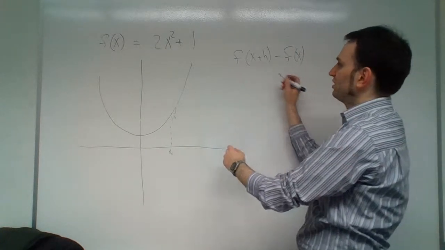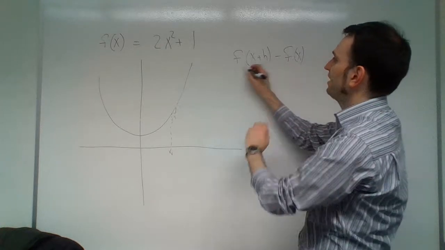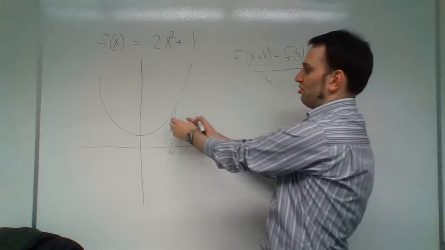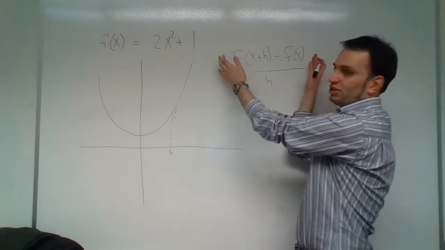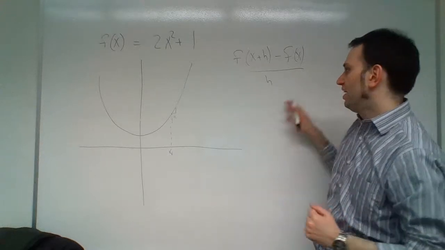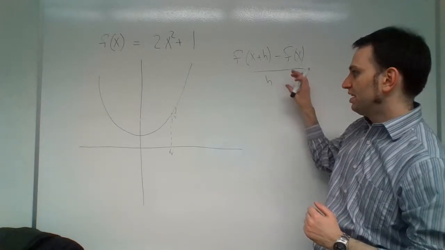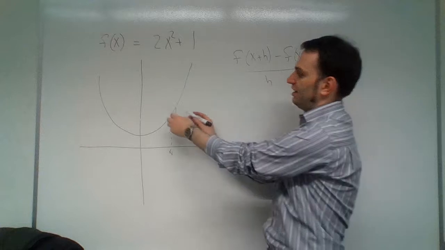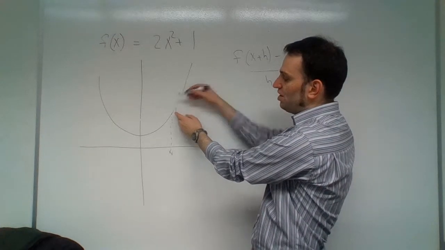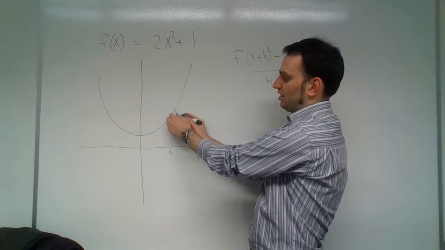So what we really want is f of x plus h minus f of x, divided by h. So that if h is larger by a factor of 2, obviously this is going to be larger, and we don't want to take that into account. We essentially want to say, how many times larger is the difference in y going to be compared to the difference in x?